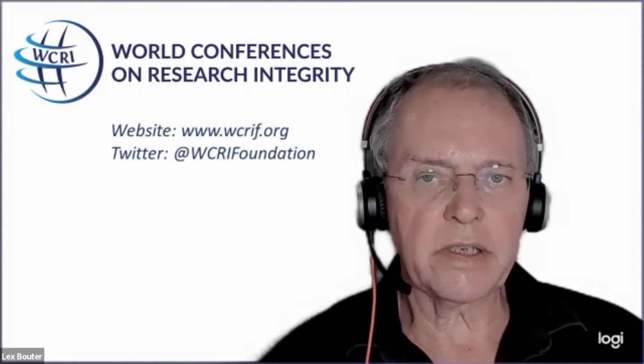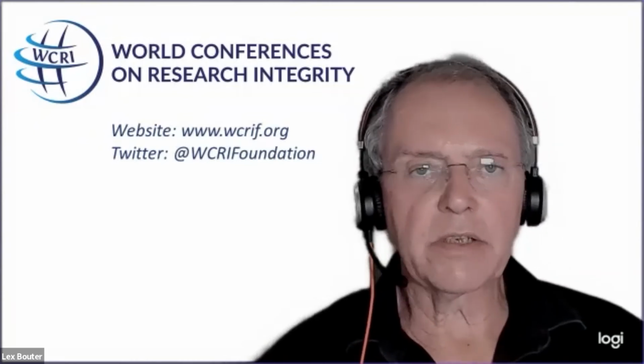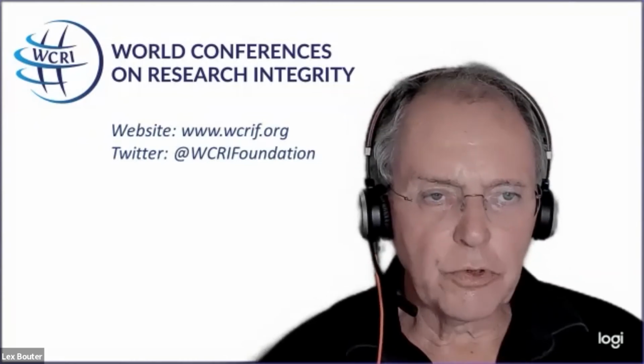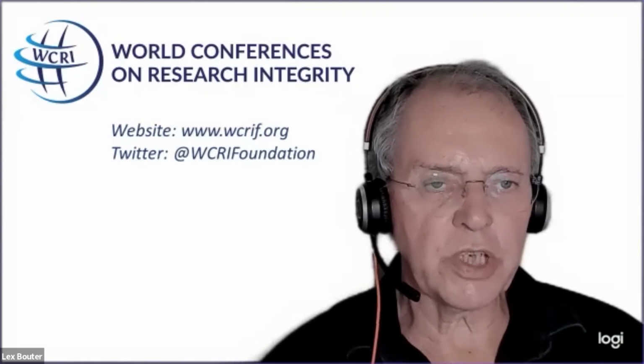Now, research institutions can do more, of course. They can do all kinds of things to improve research integrity and to foster it. I alluded to a number of them already.